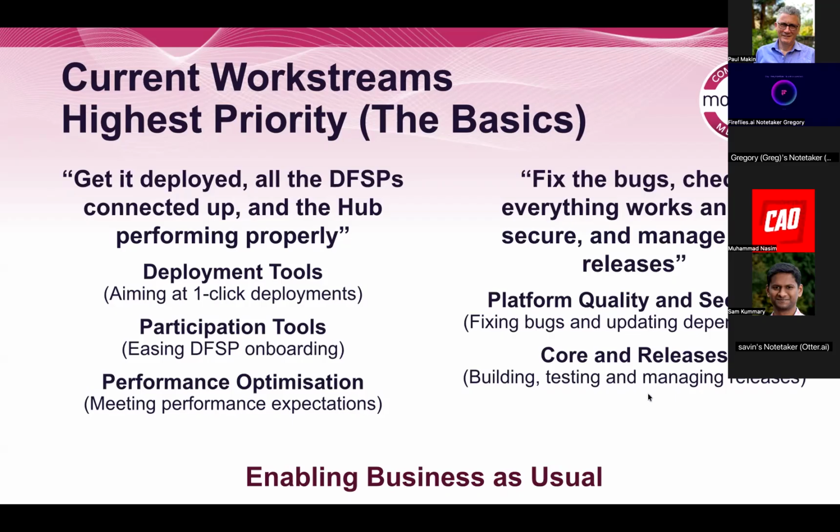And then core and releases, which is all about building the next release, testing it, and managing that release process. So those 2 work streams are fairly tightly integrated, and they're both managed by Sam, the technical director. That's all about essentially enabling business as usual.